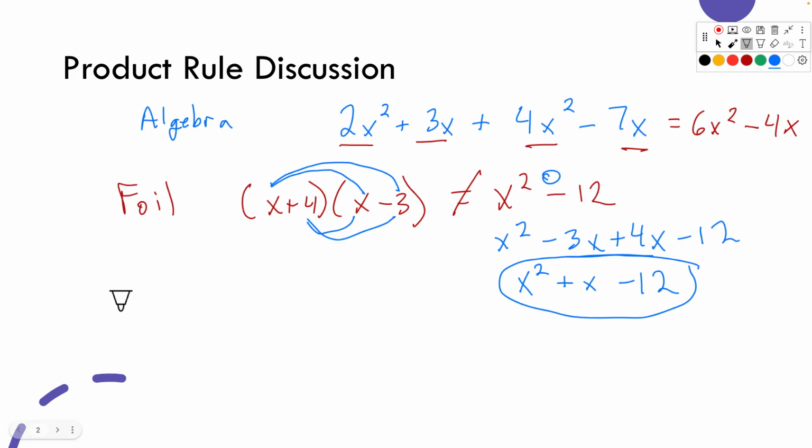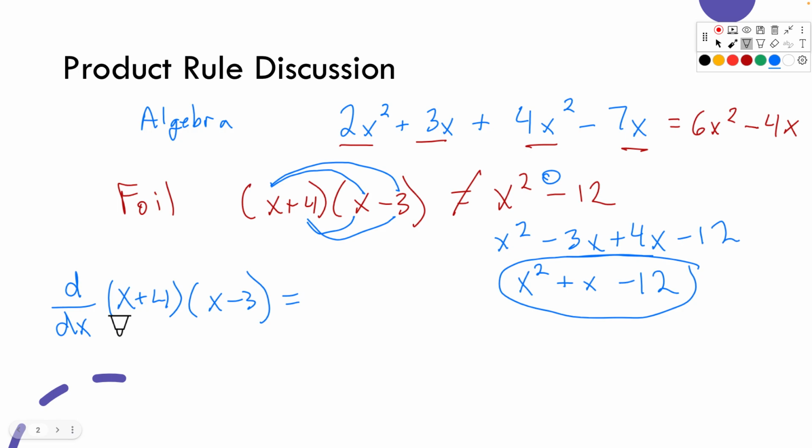So let's start off with an example. In fact, let's take this one, x plus 4 times x minus 3. How would we take this derivative? I'll use this symbol, d dx.